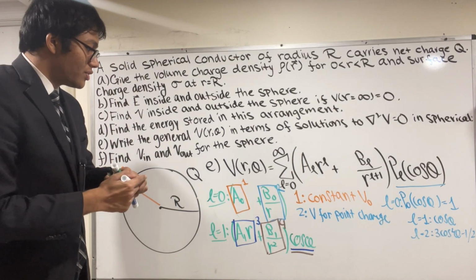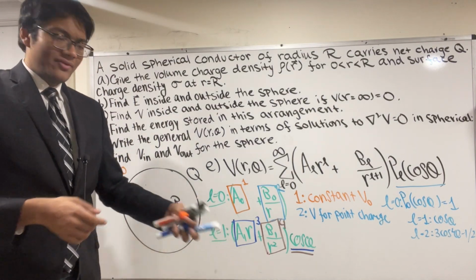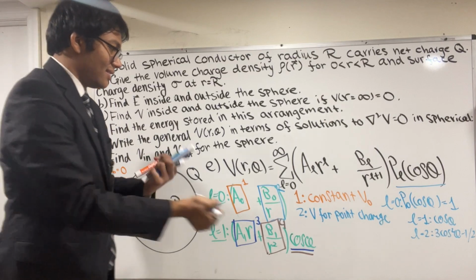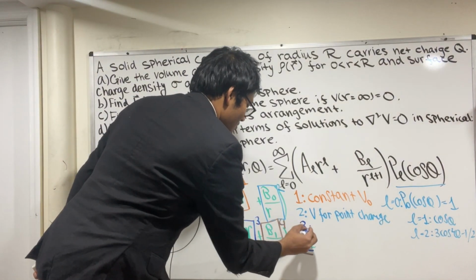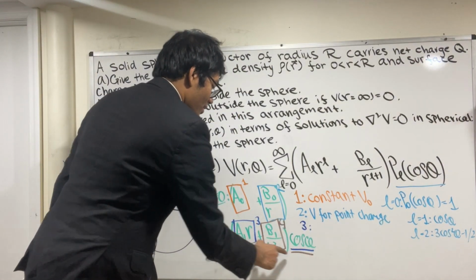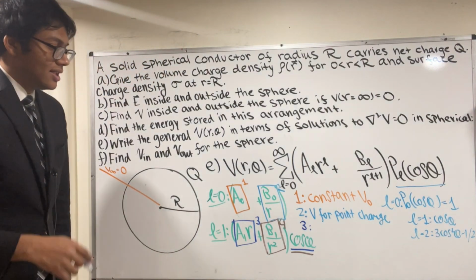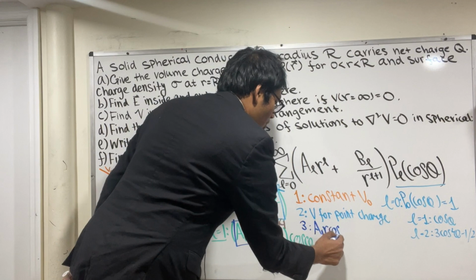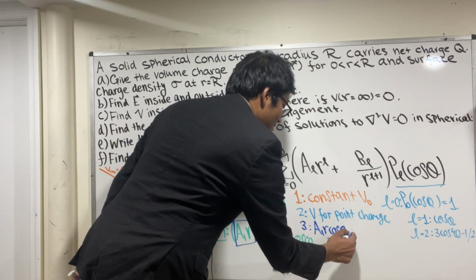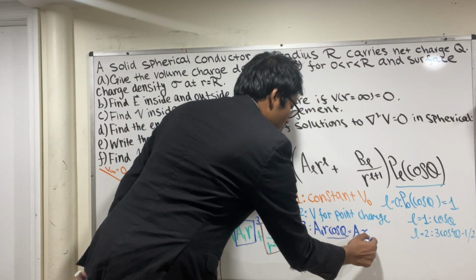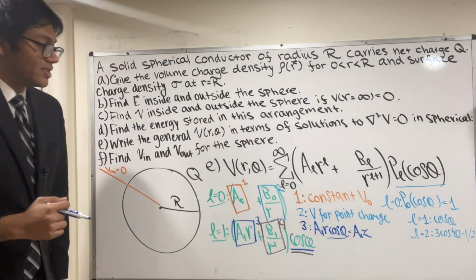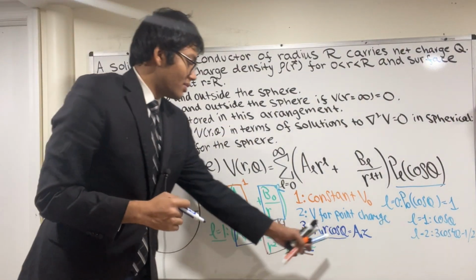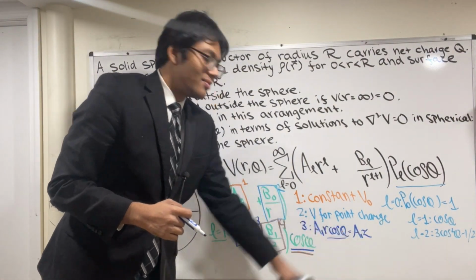What about our third term? Where could that be from? I don't recognize that as anything, do I? That third term is a sub 1 r times cosine theta. Well, r cosine theta, is that not just z in polar? When I go from spherical coordinates to rectangular, r cosine theta becomes z.